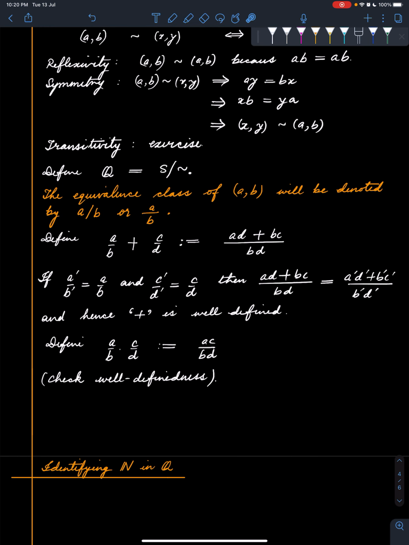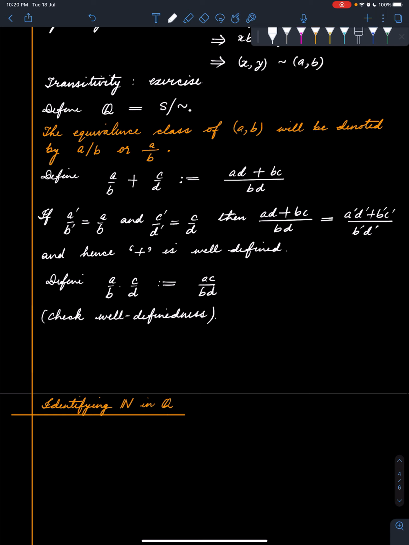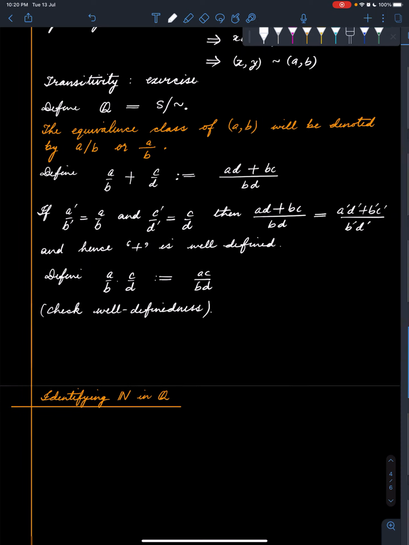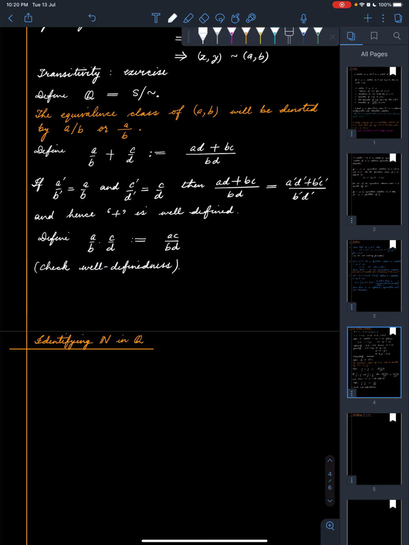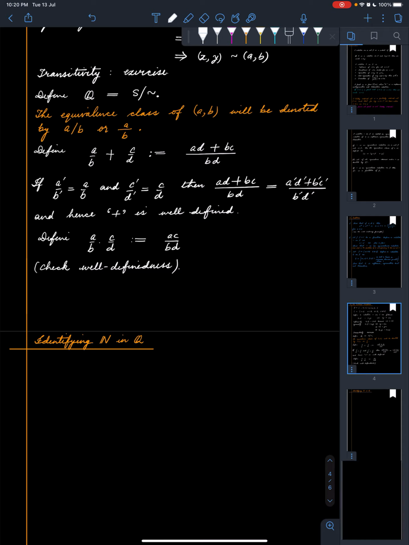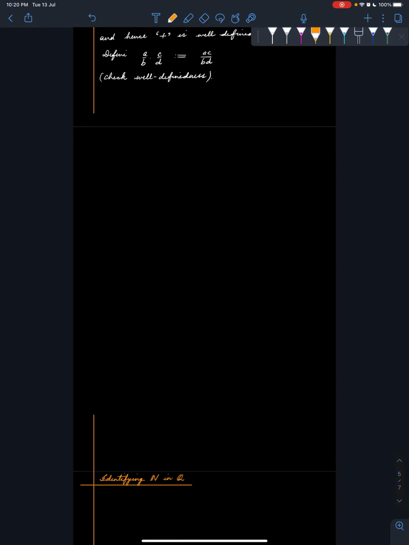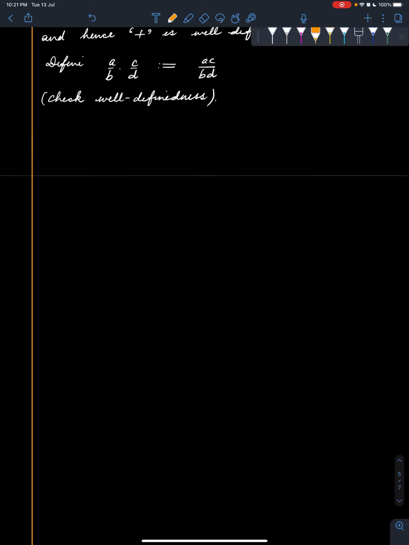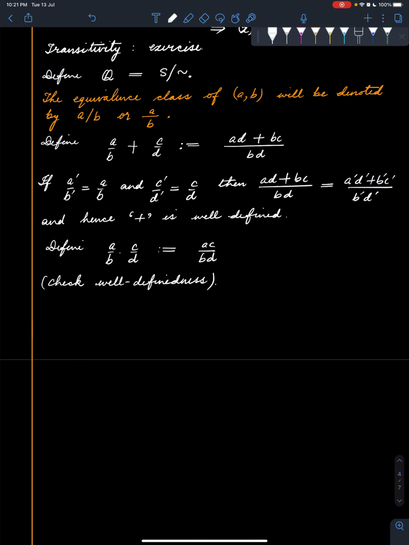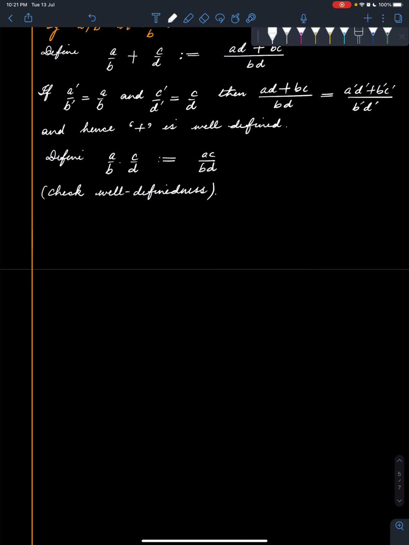And then further properties are distributivity and commutativity, etc. So let me add a page. So here are a bunch of exercises.